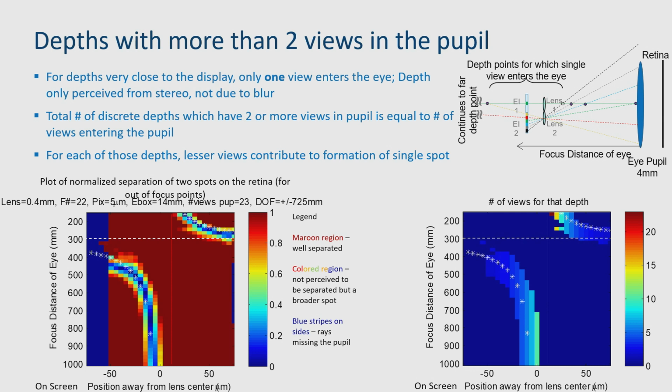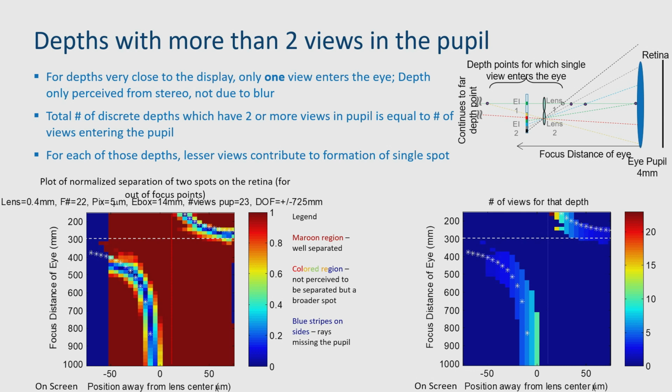So each of these points represents that. The y-axis is the focus position of the eye. The eye is located somewhere here. The display is at 300 millimeters. And the eye is able to focus at these different depths. The x-axis here is the angle, which is geometrically equivalent to the pixel position in the elemental image.